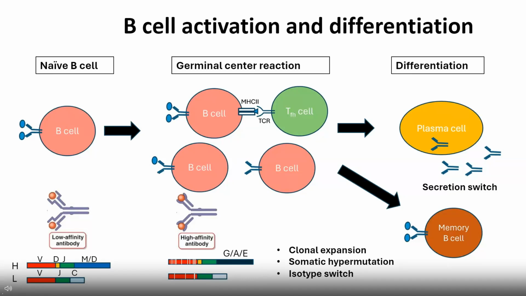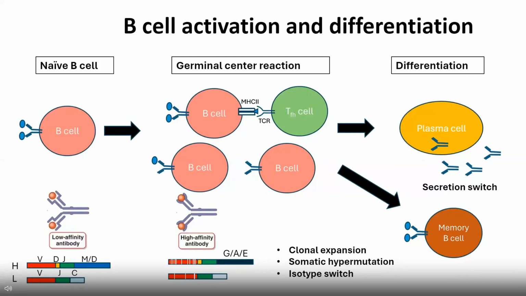When a B-cell is activated by an antigen, in this example a protein antigen, the B-cell binds the antigen and is activated. This normally happens in germinal center reactions. The B-cell internalizes the antigen and then presents it to a helper T-cell called a T follicular helper CD4 cell.